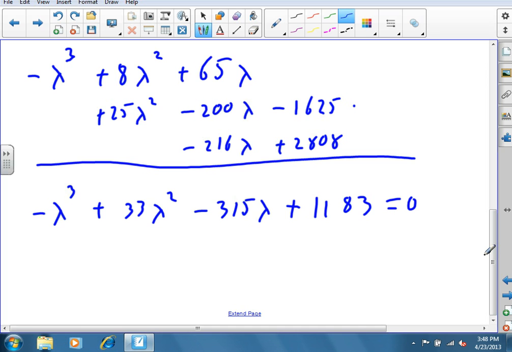I'm going to hit solve. And I get that lambda is equal to 20.4, 6.3, and another 6.3. Now what does that mean? Well, that means that we messed up someplace, because clearly they're going to have to be whole numbers, right? Otherwise it wouldn't be in the problem.